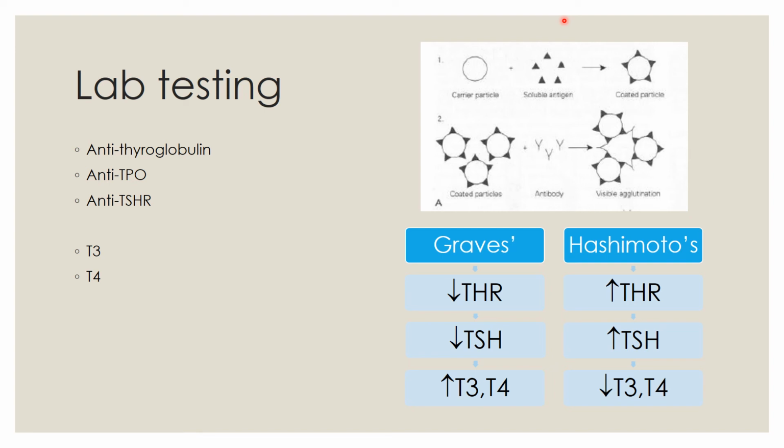And then finally, we have the anti-TSHR, thyroid stimulating hormone receptor. This one is associated with Graves' disease. This test is more difficult and more expensive, so generally we don't do this test directly. We usually make the diagnosis by noting the elevation of thyroid hormones, whether it's T3 or T4, and a lowered TSH.